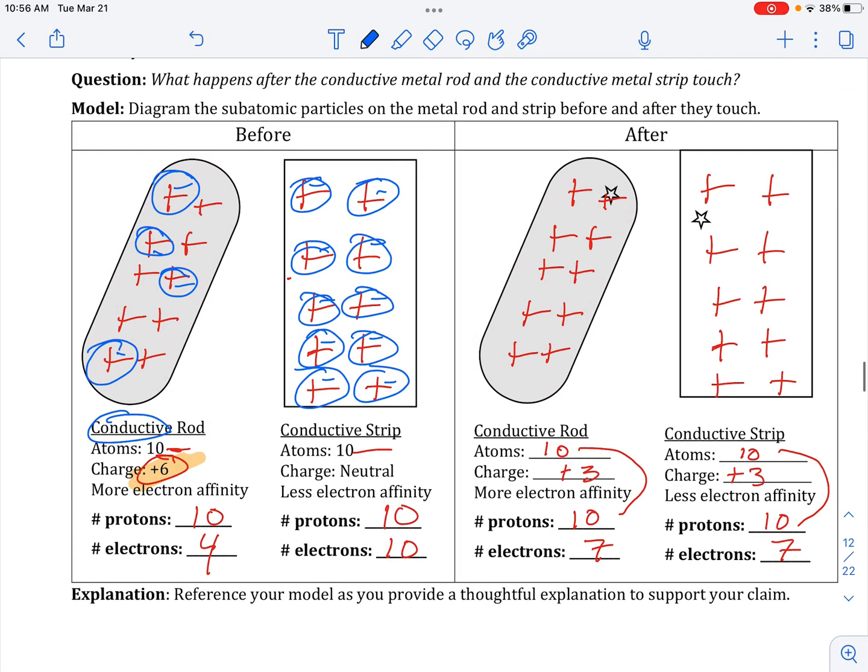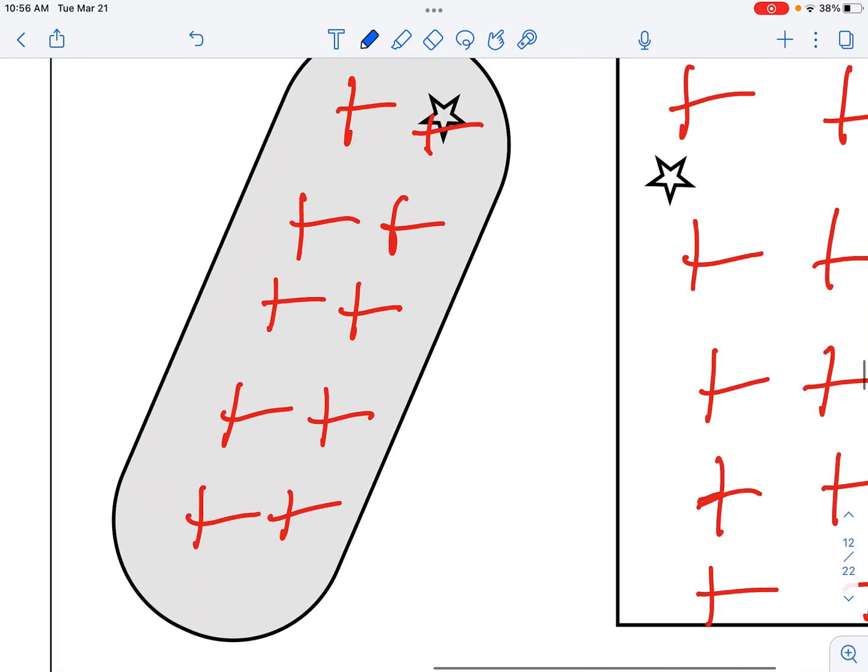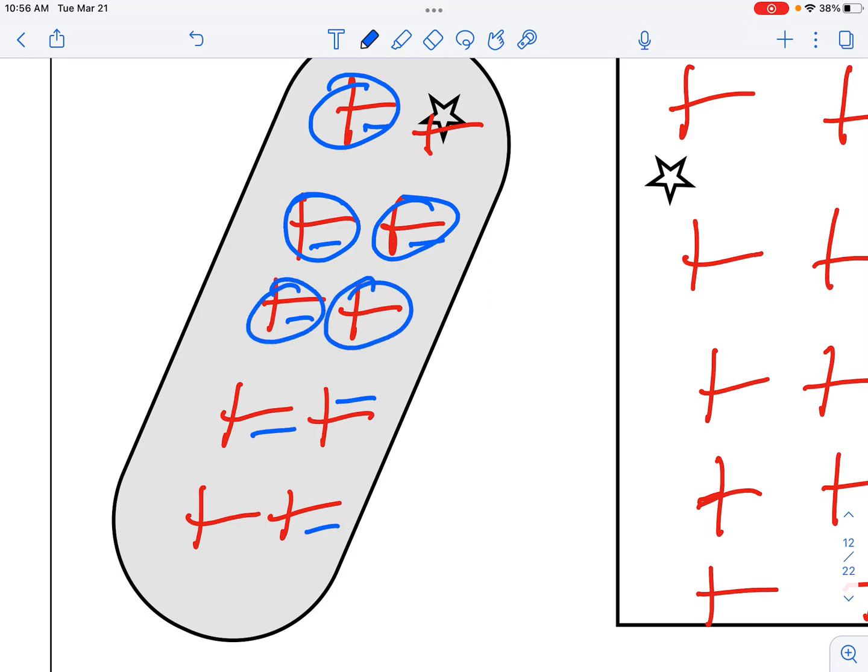Now, even though they touched at the stars, this is where they touched, these are conductors, so those 7 electrons will spread out. So let's spread them out. We'll go like 1, 2, 3, 4, 5, 6, 7. Maybe here. Yeah. And then we'll circle those. And, oops. Same thing over here.